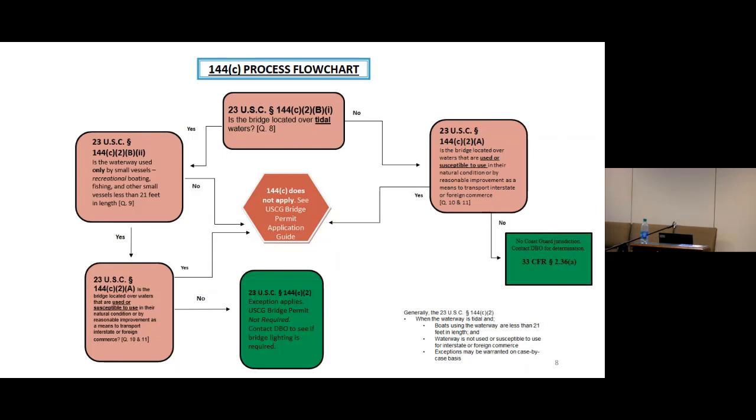So the answer to that was actually yes. So in that event, 144C did not apply, and we actually did require a bridge permit in order for this one to proceed.